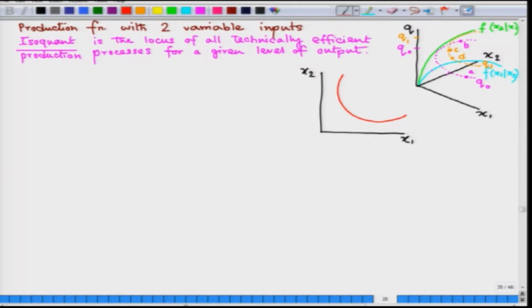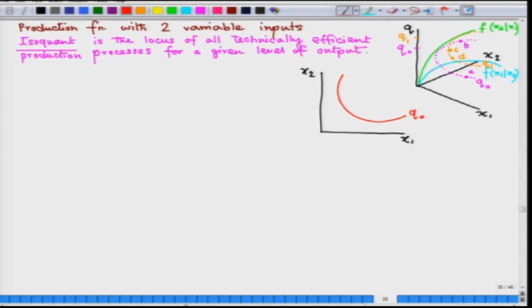Something like this will happen. Some sort of curve like this we are going to expect in the input plane, right. Q naught is basically the given level of output at which the conical cross section of the production hill has been taken. Now, why is it called technically efficient?